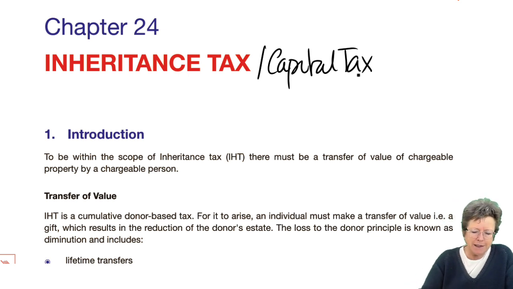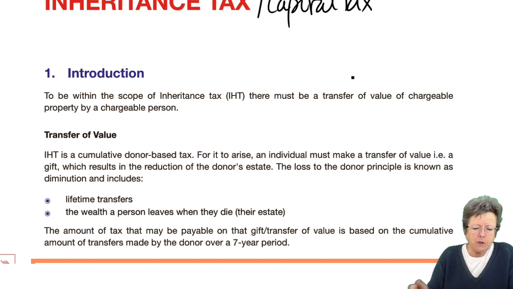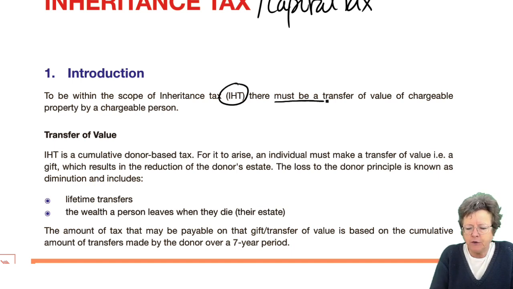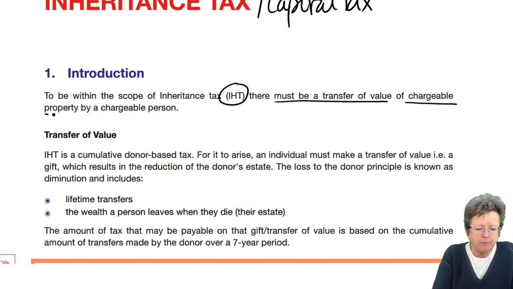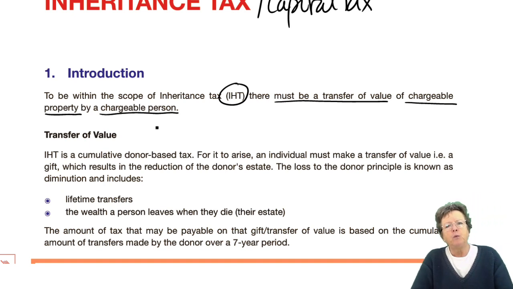So one of the basics: to be within the scope of IHT, there must be a transfer of value of a chargeable property by a chargeable person. One of the key things with inheritance tax is to make sure you use the correct terminology.